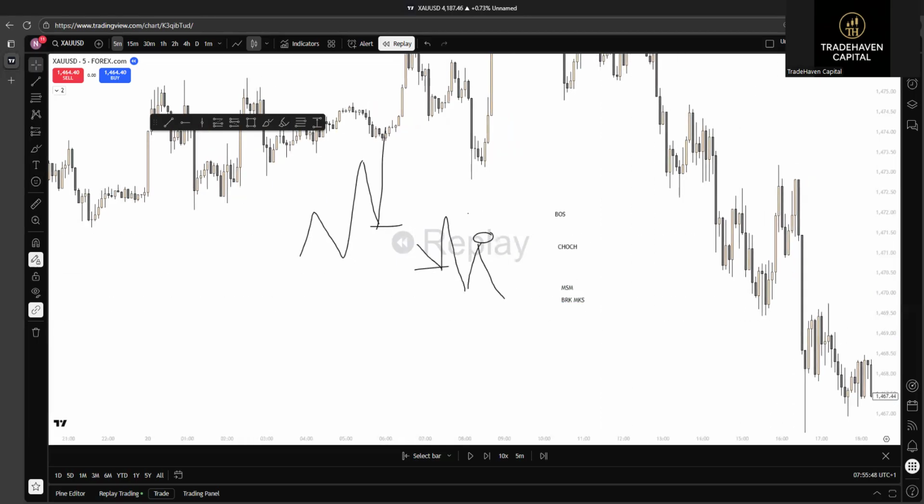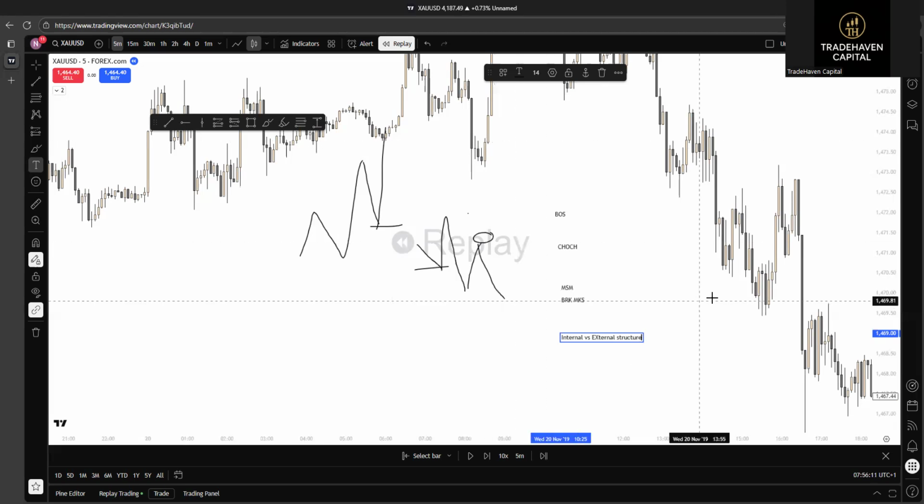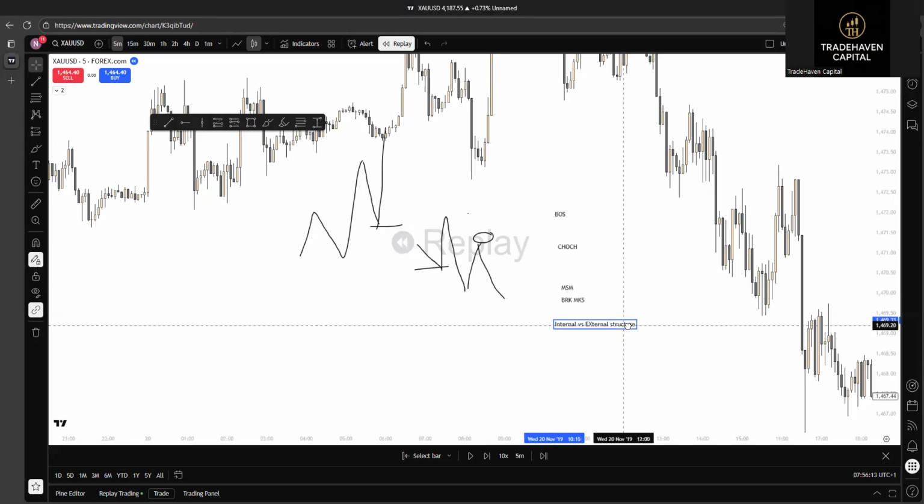Then I believe you've probably also heard internal versus external structure. So in theory, all of this concept makes a lot of sense, right?